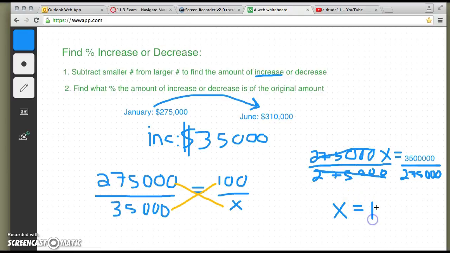So that means that $35,000 is 12.72 repeating percent of our original amount. So 12.72% would be our answer here.